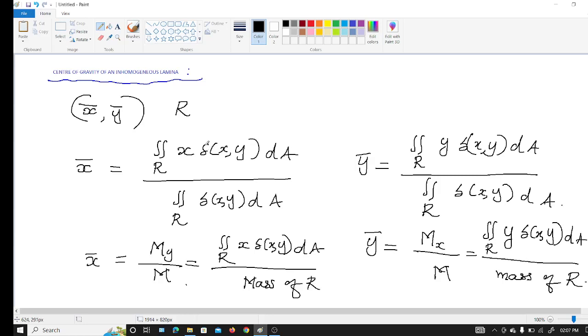Now, let us move to one example for finding the center of gravity of an inhomogeneous lamina.